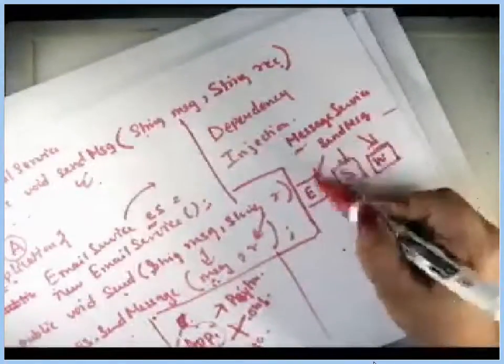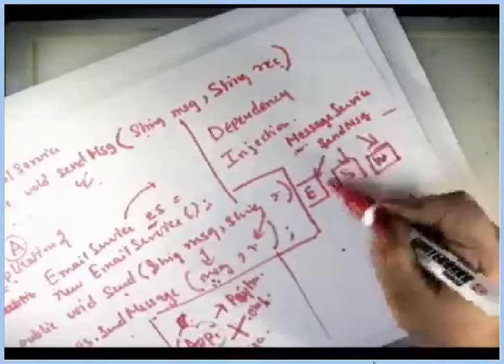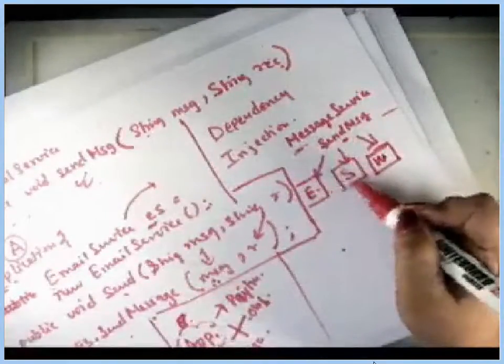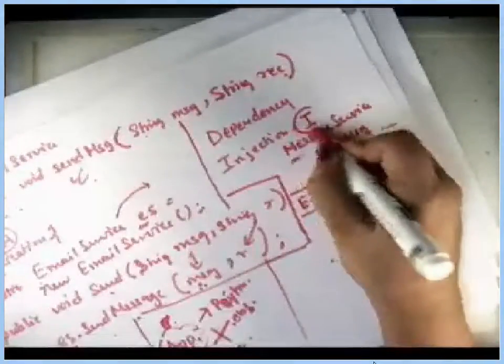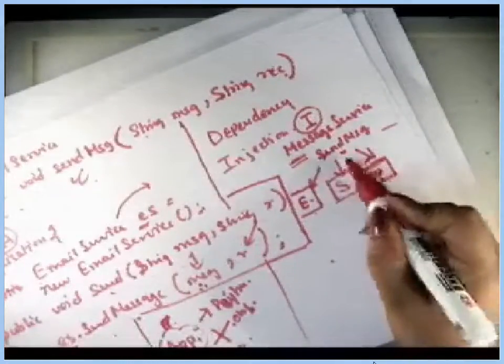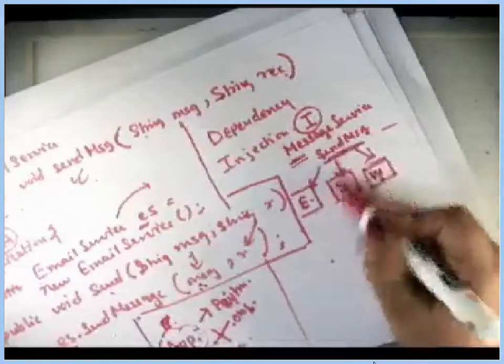So in all these three services, I will get send message available, because this is an interface utilized by all these three applications. The send message will be a common factor in all three of them.